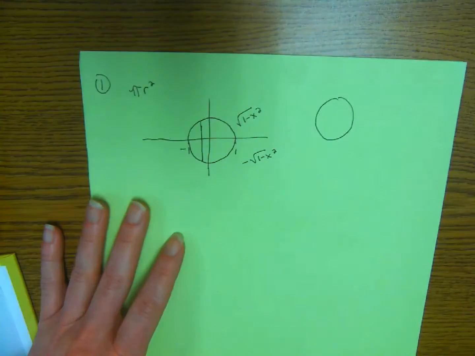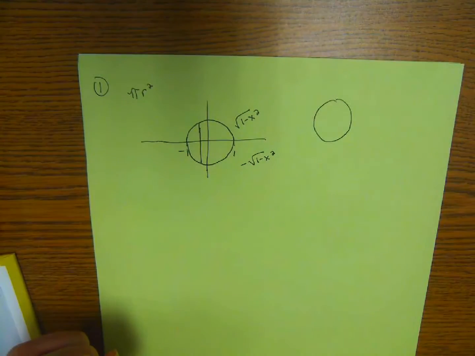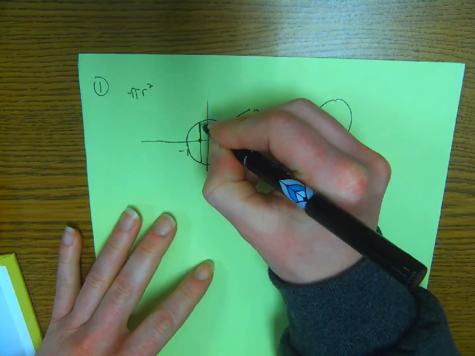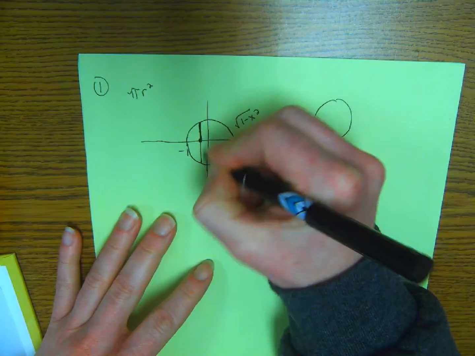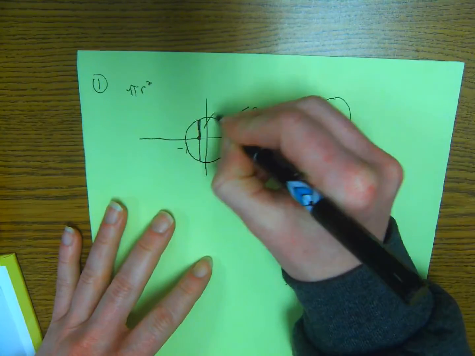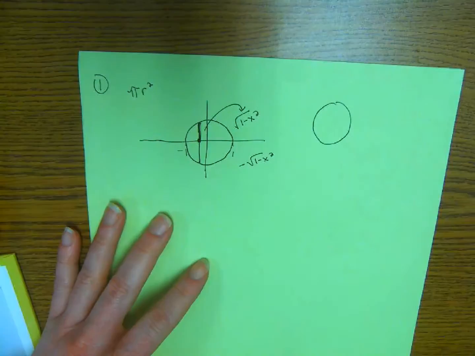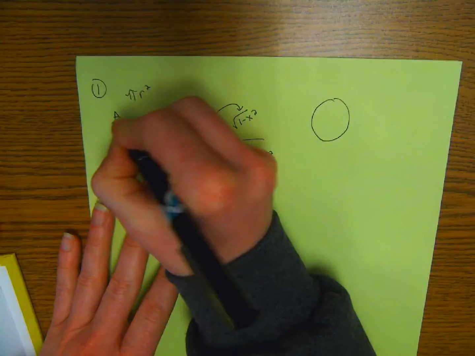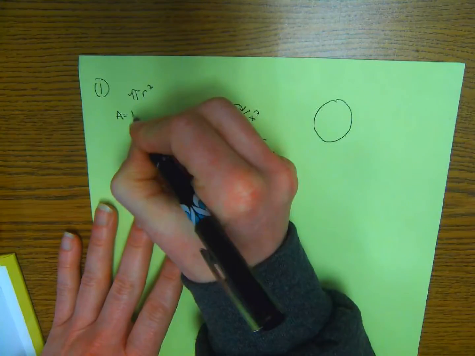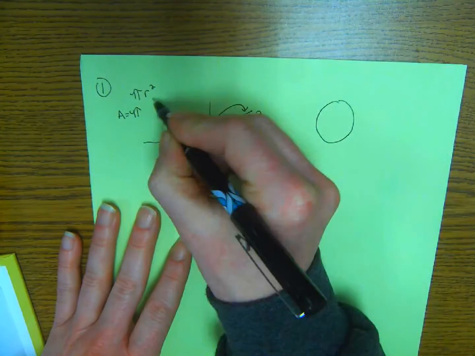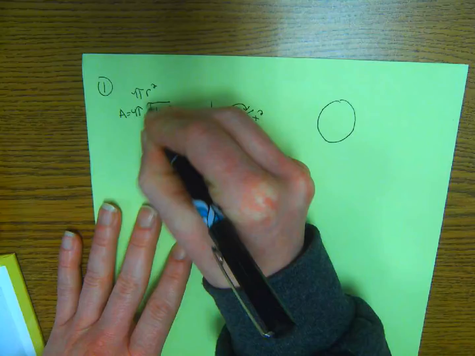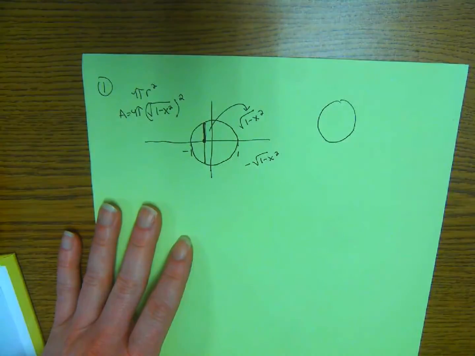I hope we would agree that the area of a circle is pi r squared, so really we've got to have a formula for r. And r is half of the diameter. Lucky for us, we can use either one of these equations. So r is the square root of 1 minus x squared. So the area of one of these circles is pi times, in place of the radius, the square root of 1 minus x squared, but it's radius squared, so squared.